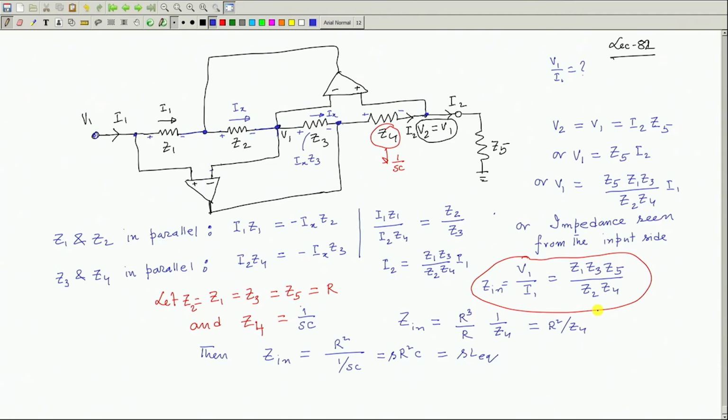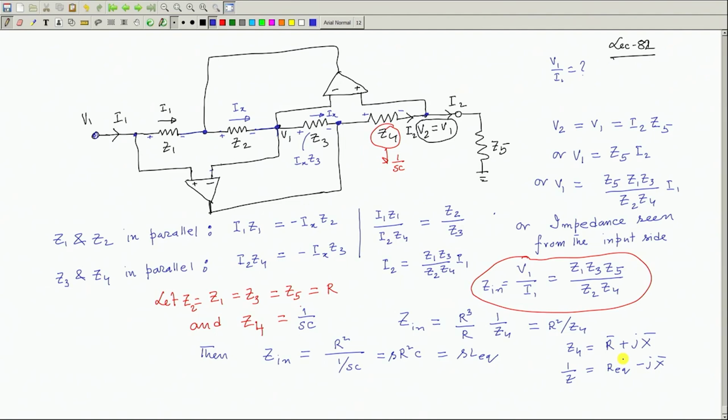In general, if Z4 is R bar plus j x bar, then 1 over Z4 will ultimately be some R equivalent minus j x equivalent. Therefore, this sort of circuit can be used.